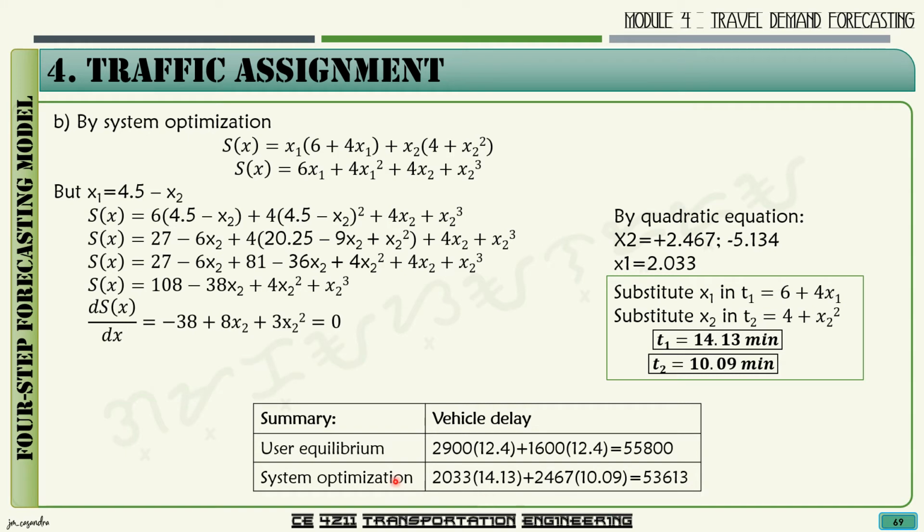Looking at this summary, system optimization basically means that we have optimized our routes instead of being in equilibrium. We have distributed our vehicles in the different routes so that they arrive the shortest and produce the least vehicle delay.